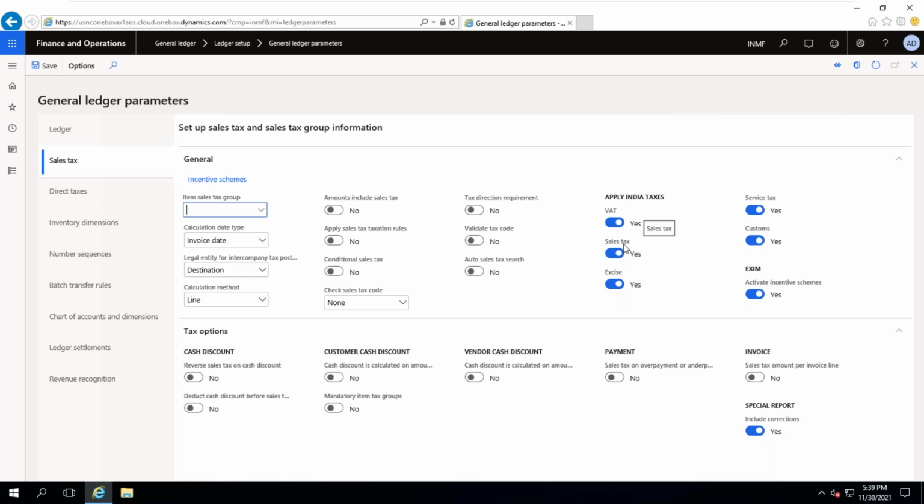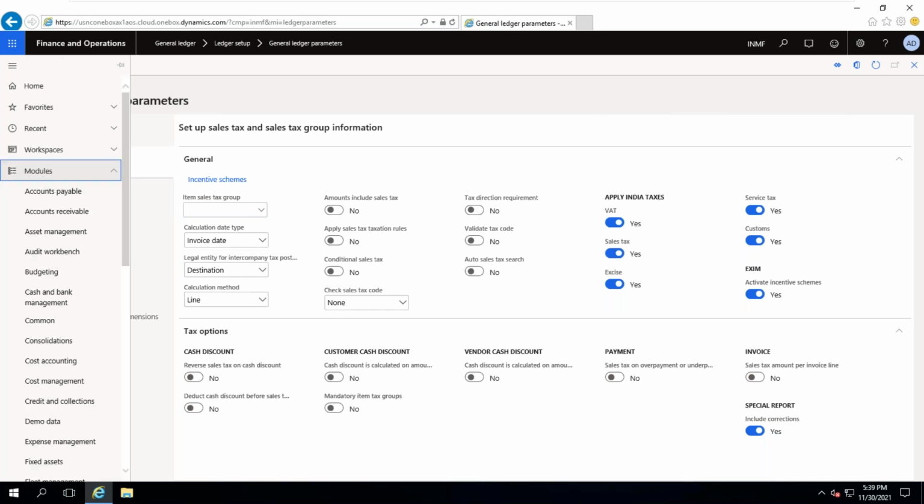Sales tax means CST. If the stock is moving from one state to another state, then CST comes into the picture. VAT, sales tax, excise, service tax, customs, everything is there. This is old taxation. The new taxation at this point is GST. It is a completely different process.